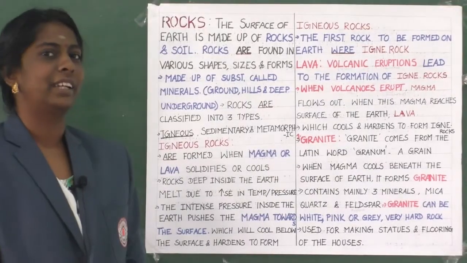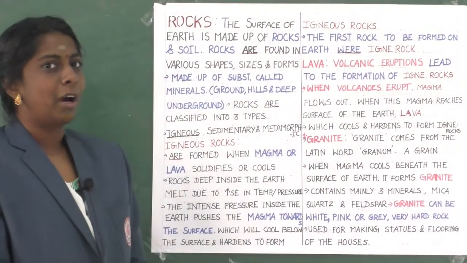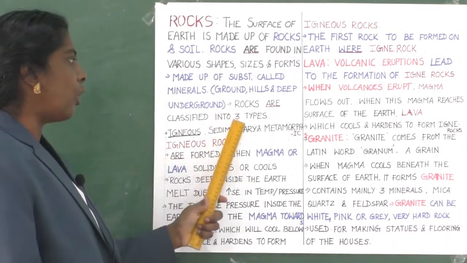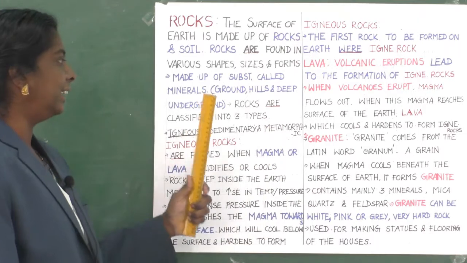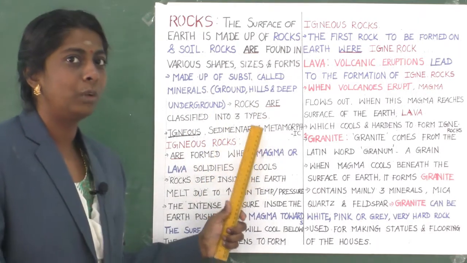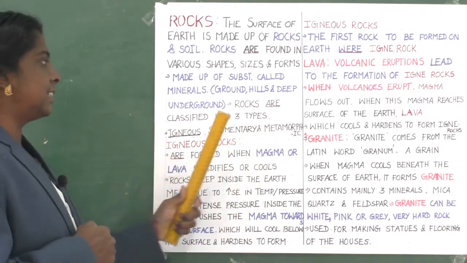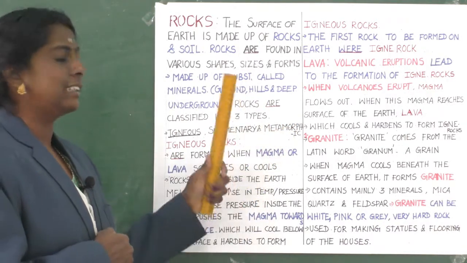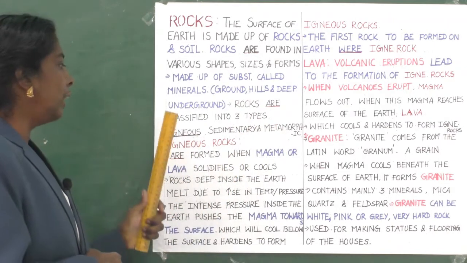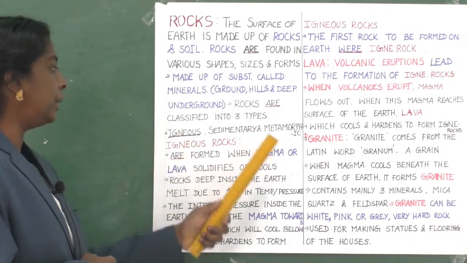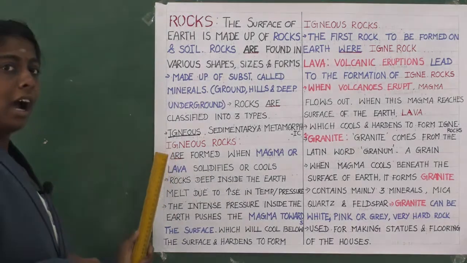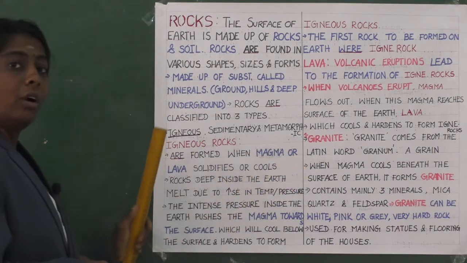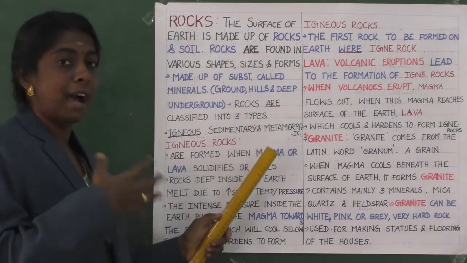Now we are going to see rock classification. Rocks are classified into three types: igneous, sedimentary and metamorphic. Let us learn one by one. First, igneous rock. What do you mean by this? They are formed when magma or lava solidifies or cools.